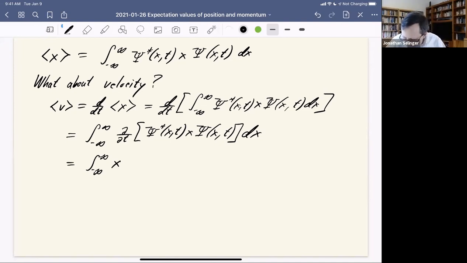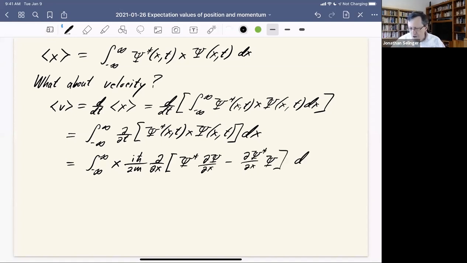Okay, what we derived in the last class is that all this simplifies to i h bar over 2m, and then the derivative with respect to x of psi star d psi dx minus d psi star dx times psi, all of that integrated dx.